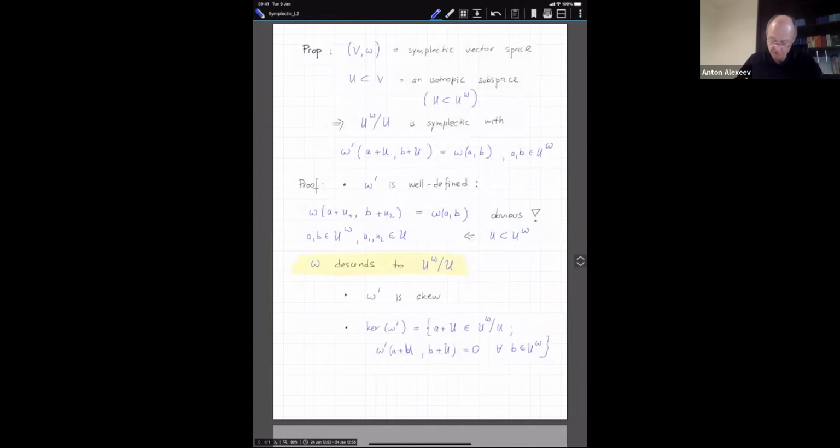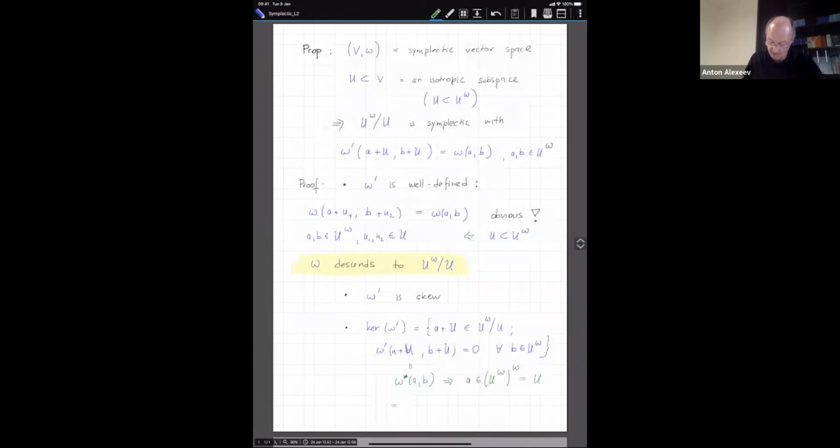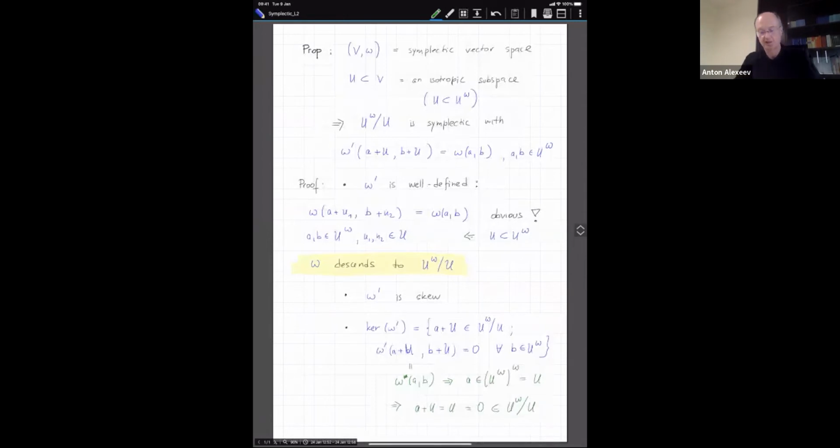But now, by definition, this expression omega prime is equal to omega of A, B. So it is 0 for all B in U omega. And this means that A belongs to U omega omega, and this is U. And this implies that A plus U is equal to U, and this is equal to 0 in U omega over U. And that's the end of the proof.